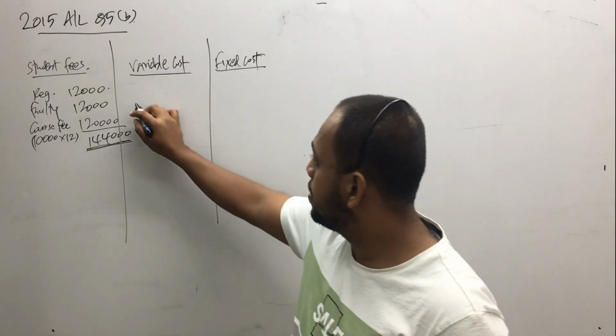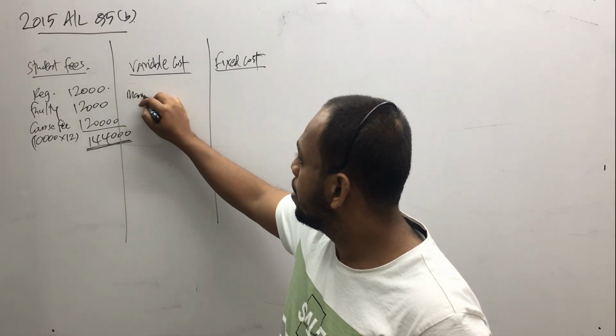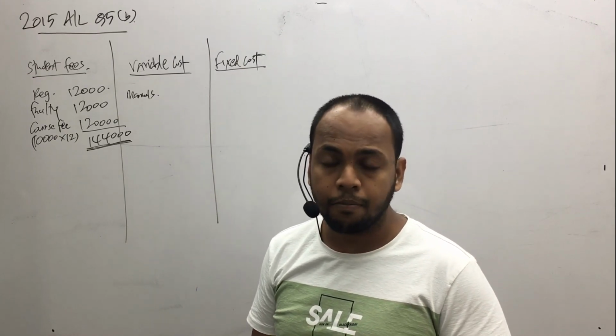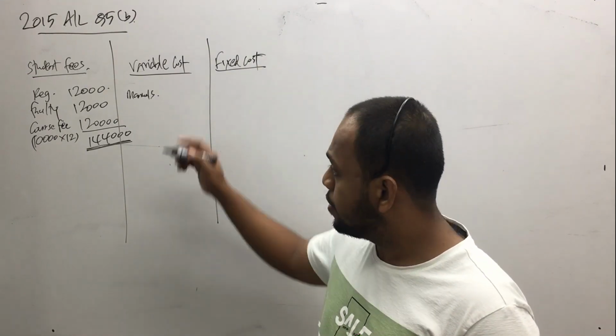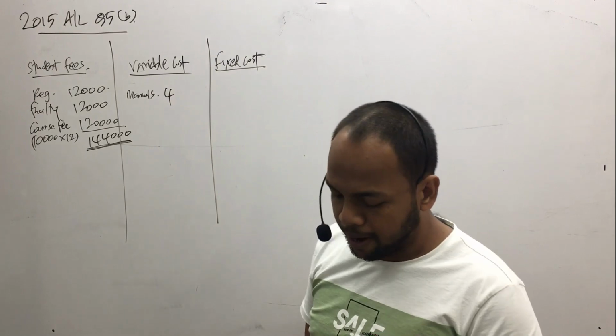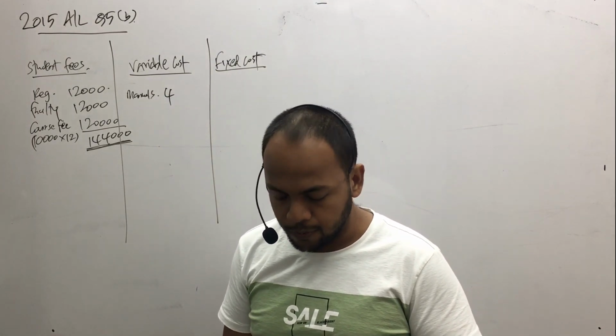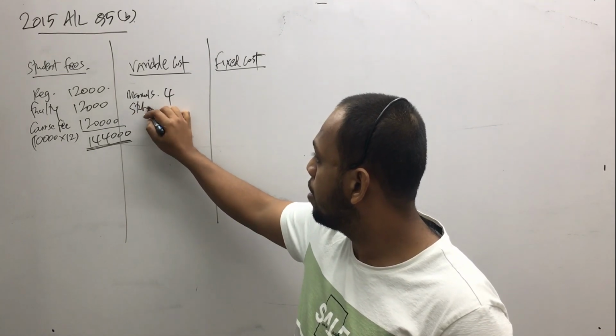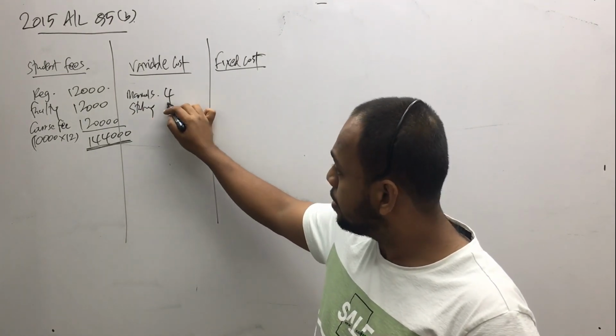Printing manuals, how much is per annum per student? You need to multiply it by 12. Stationery 3,000 per month.